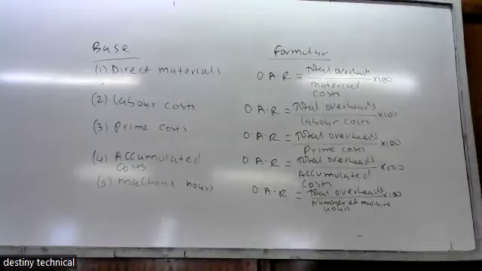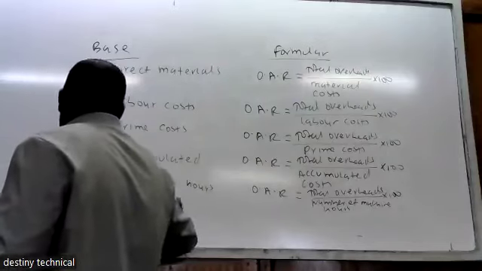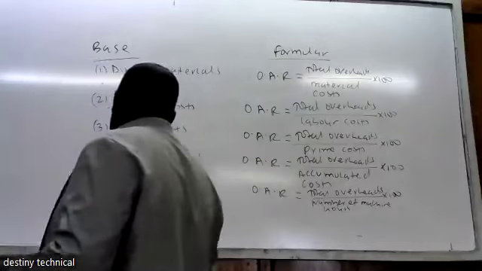The next one will be the labor hours. For the labor hours, the absorption rate is not a percentage. It is just shillings per hour.